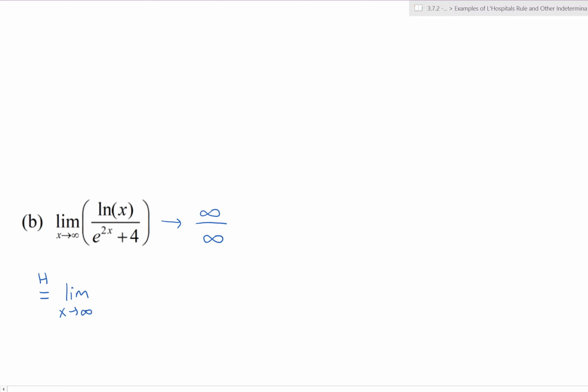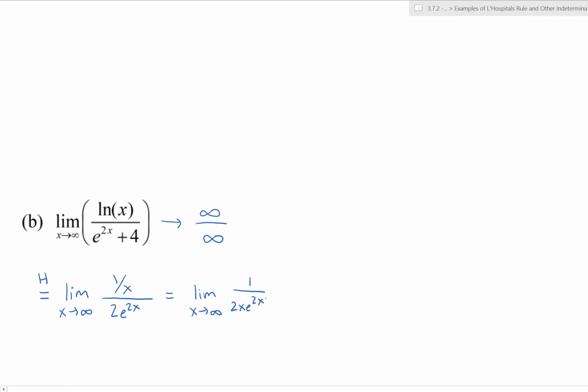The derivative of natural log of x with respect to x is 1 over x. The derivative of e to the 2x plus 4 with respect to x is 2e to the 2x. Cleaning that up, that's the same as the limit as x goes to infinity of 1 divided by 2x e to the 2x.